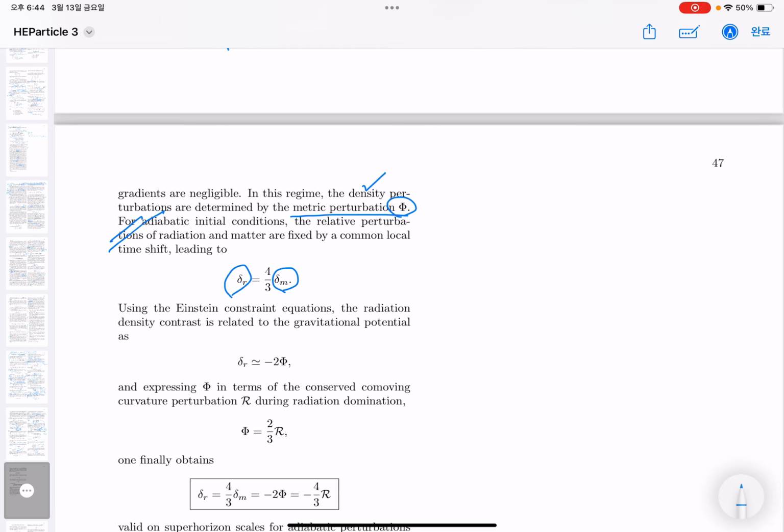and this leads to the relation between the radiation perturbation and the matter perturbation with the specific factor. And by using the Einstein equation, the radiation density perturbation is strongly related with the gravitational potential capital Pi, and we can define the curvature perturbation curly R, which is constant when the universe transits from the RD to the MD, and this can be related with the capital Pi.